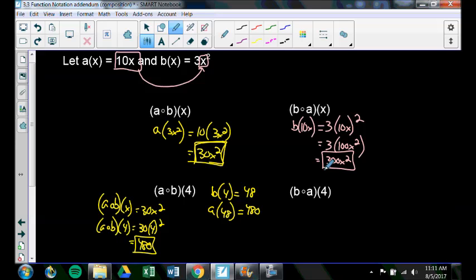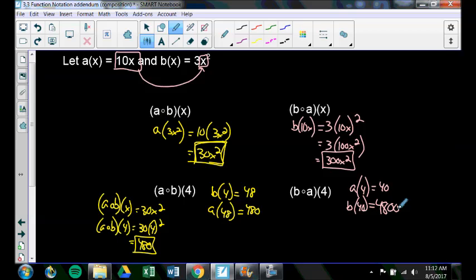So to do b of a of 4, first I could find a of 4. A of 4 is 40. I just wrote a to the 4th. That was silly. A of 4 is 40. So b of 40, well, 40 squared is 1600 times 3 is 4800.